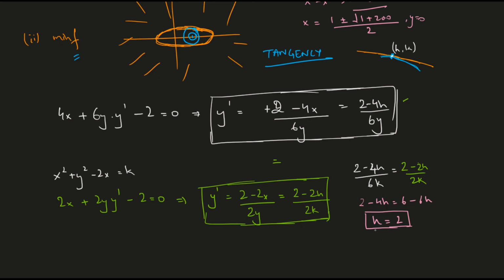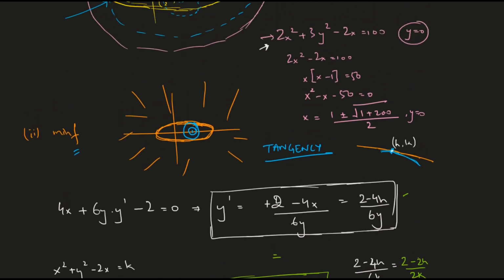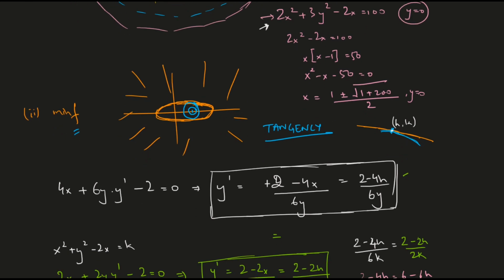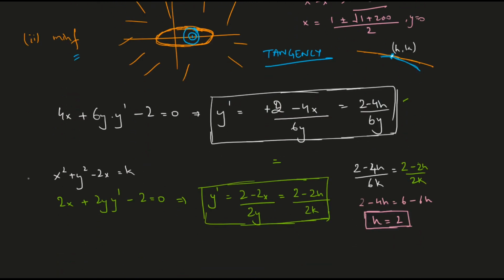Once I've found the value of h, I can find the value of k as well. I would just substitute this value in the constraint equation, the equation of the ellipse, which was, okay, I keep forgetting these equations. It was 2x squared plus 3y squared minus 2x equal to 100.